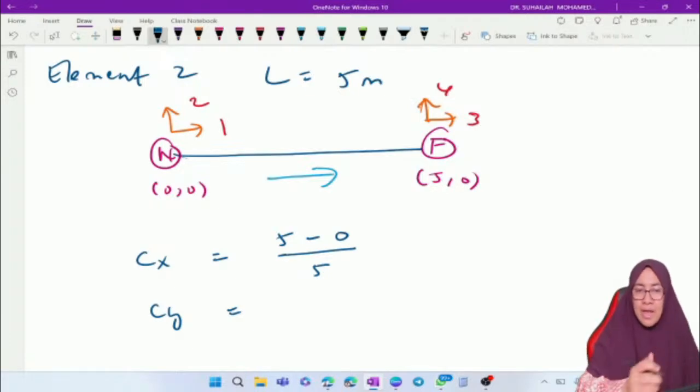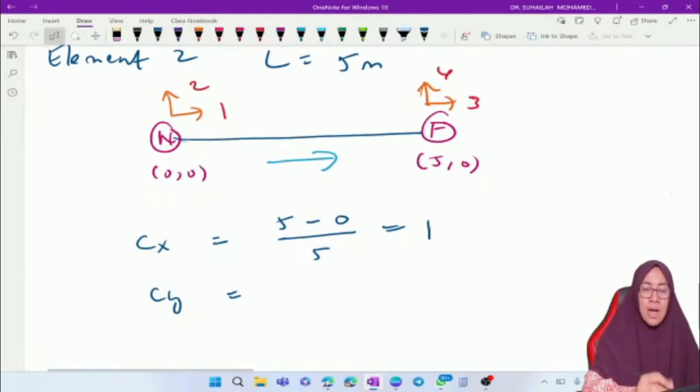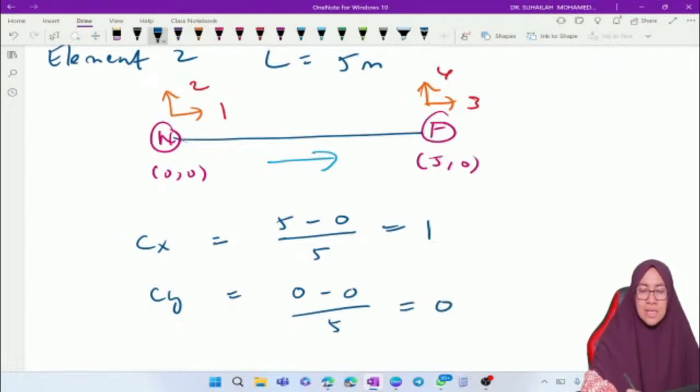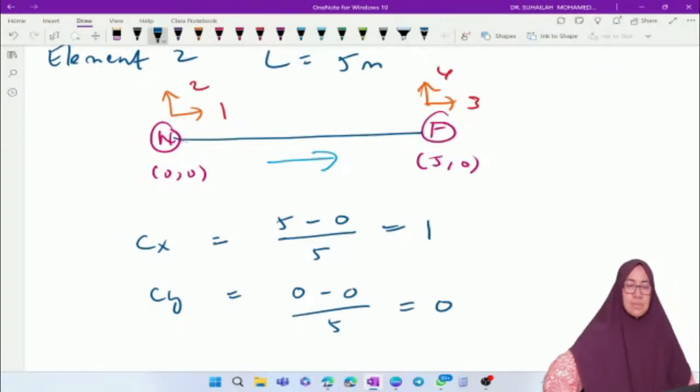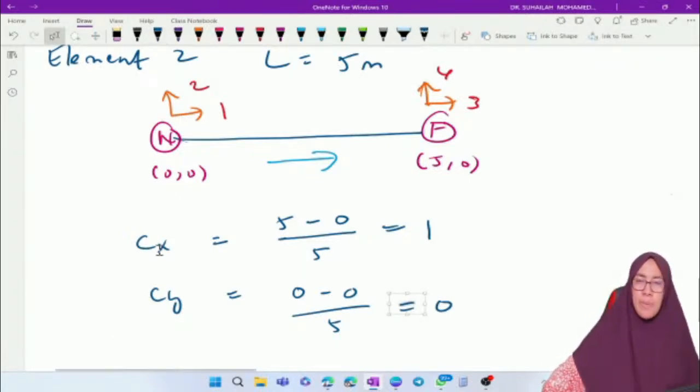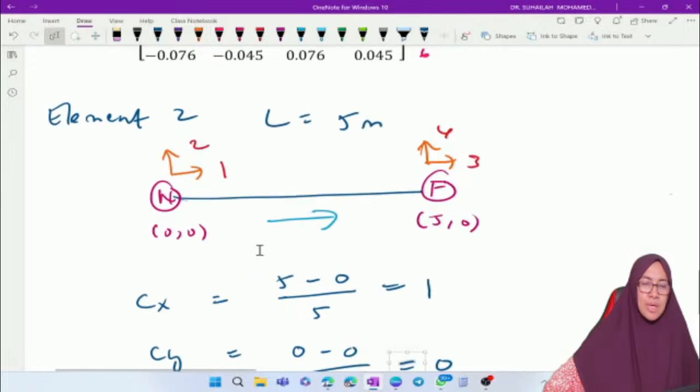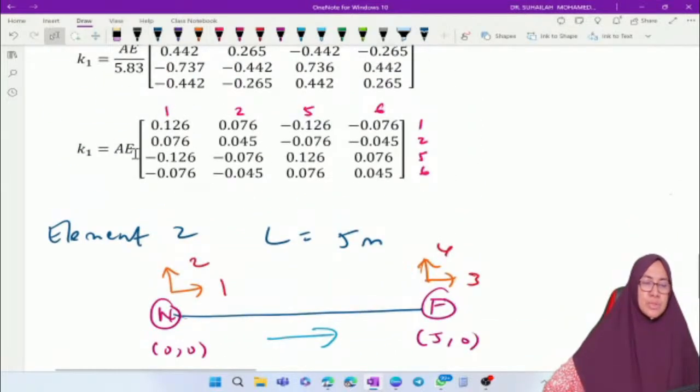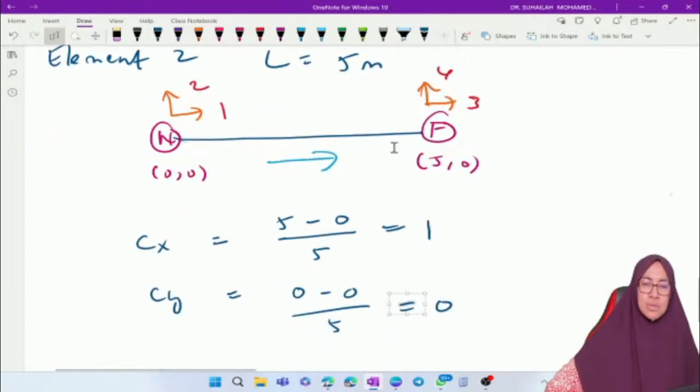So it is 1. And for Cy, it is 0 minus 0 divided by 5. This is 0. Okay? So from this Cx and Cy, we have to produce K2. And the label is 1, 2, 3, 4.